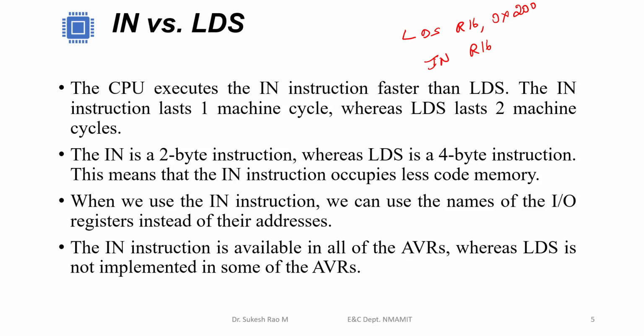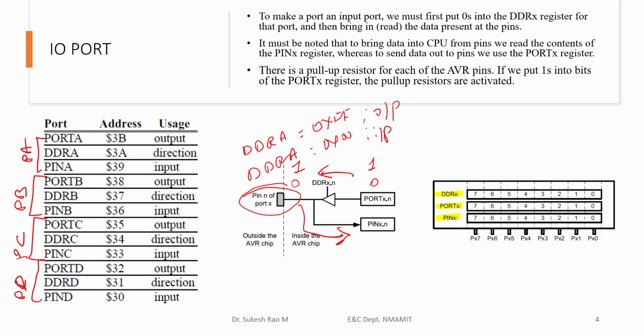I can write any register here, but for the IN instruction I should use an IO register. The IO register address is already mentioned in my previous slide. So if you look back, the IO register address for an IN instruction will be given for any register.